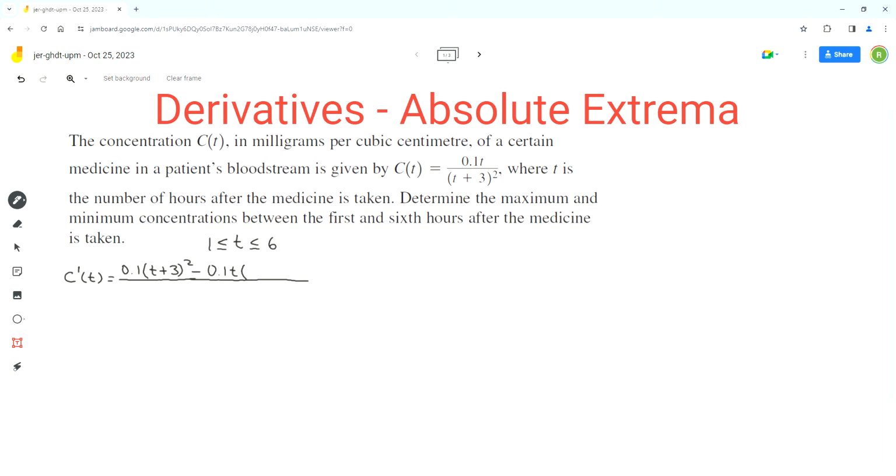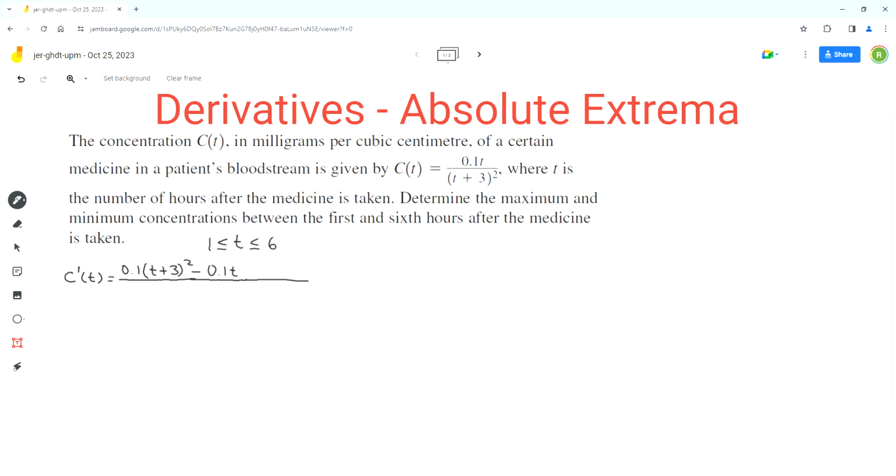Now for the derivative of the denominator, we'll have to use the chain rule, because the denominator expression is a function with an inner function t+3 and the outer function, the exponential function, with the exponent 2. So we'll start with the derivative of the outer function, and for that we'll use the power rule.